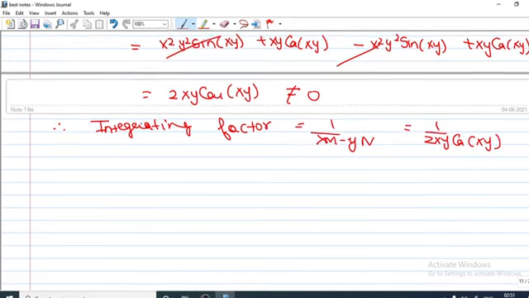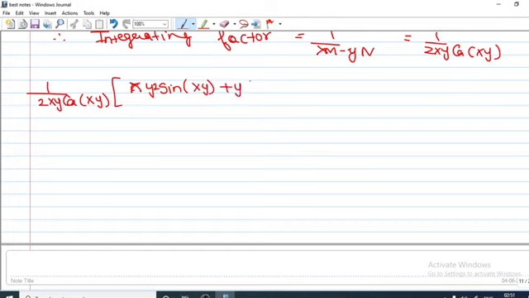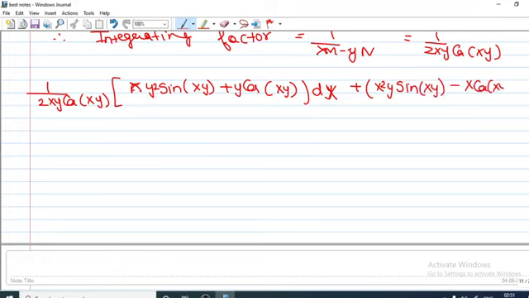After doing this, what we can make out is that 1 upon 2xy cos xy times (xy square sin xy plus y cos xy) dx plus (xy square sin xy minus y cos xy) dy equal to 0.